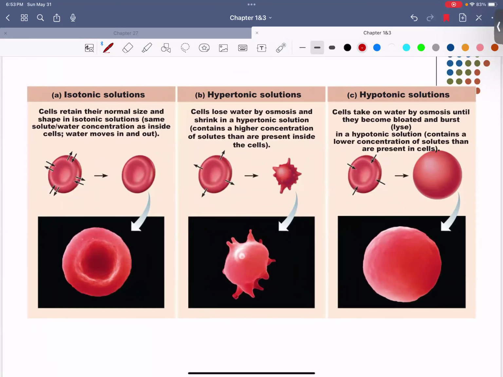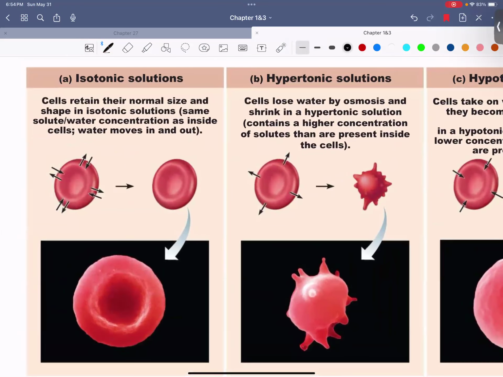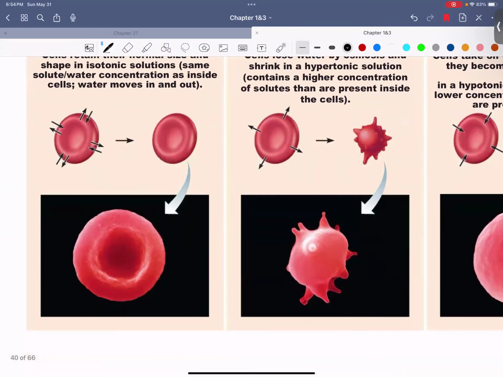This figure is showing the effect that solutions of varying tonicity have on our cells. If you look at this isotonic solution, if you were to place one of our red blood cells in an isotonic solution, the double arrows here indicate that water is moving into and out of the cell at the same rate. So the size and shape of the cell is unaffected.